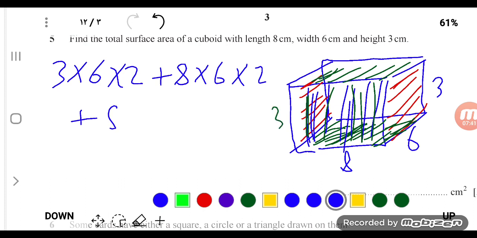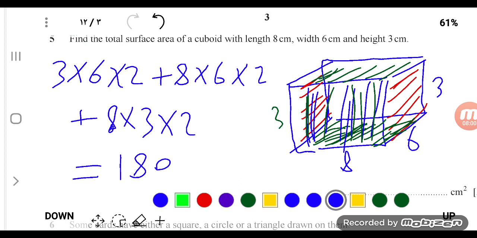So 8 times 3. But we have also another rectangle at the back. So times 2. On the calculator you get 180. And that is the total surface area. Let's now move to the next question.